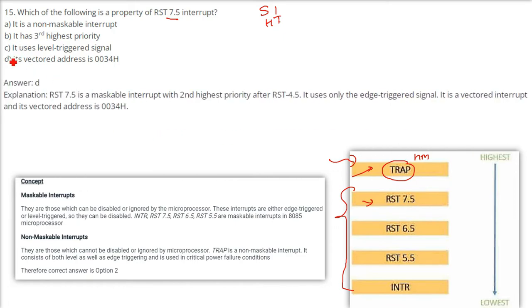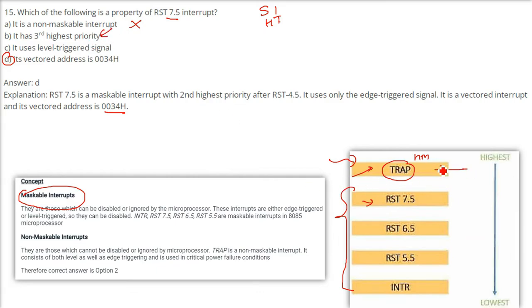Now the answer here is D. It is a vectored address, and the address is 0034. So for all these options, first of all, RST 7.5 is a maskable interrupt. That means it can be delayed, it can be disabled or ignored. The priority is second here.